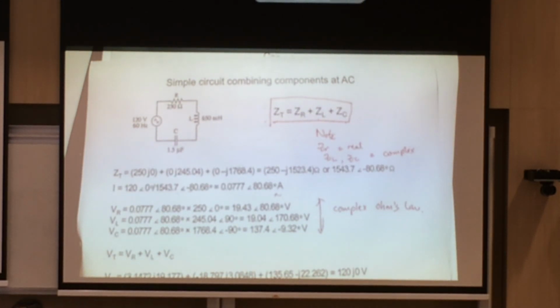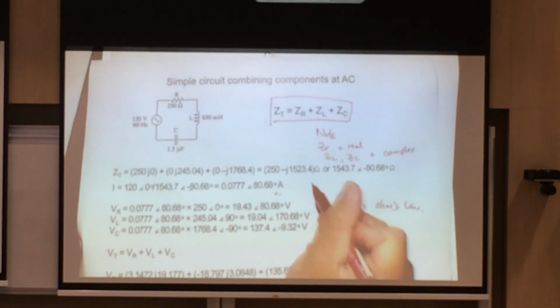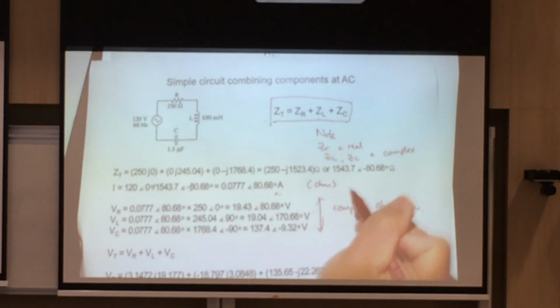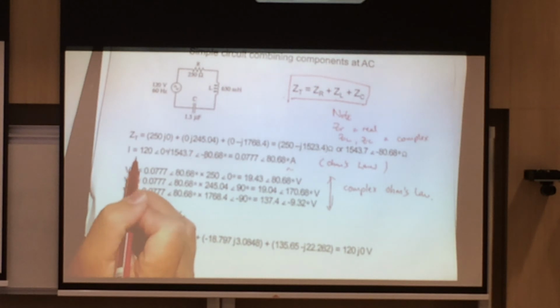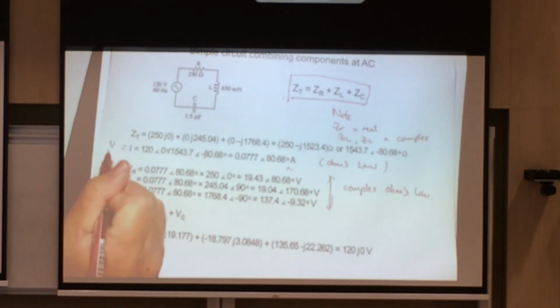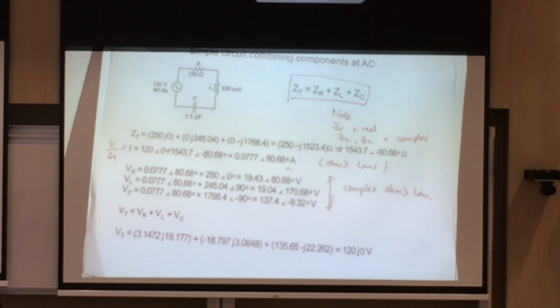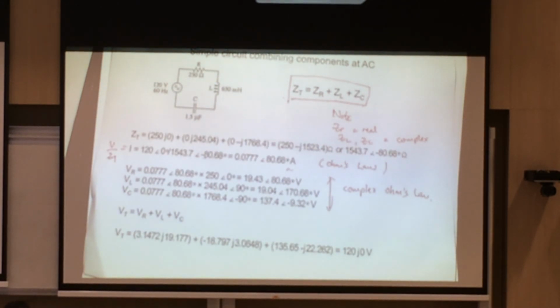After that, apply Ohm's law, the complex one. It is equal to V over Z total. So once you get your current, how do you get the rest? Apply Ohm's law. That's it. That's why I say, for this one here, Ohm's law is one of the most important, even though a simple law.